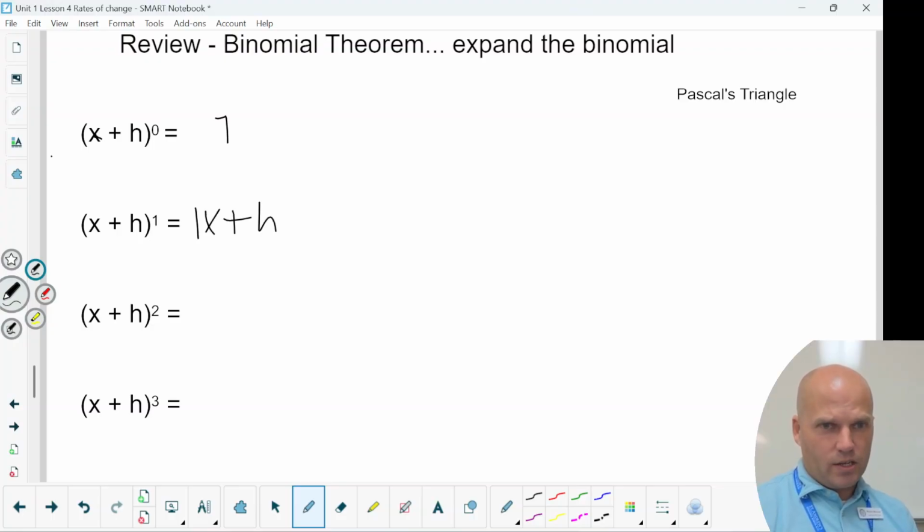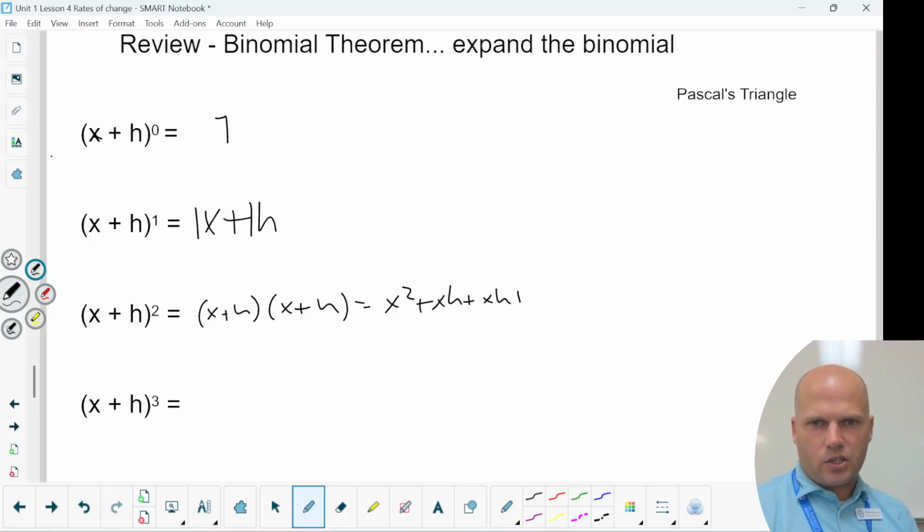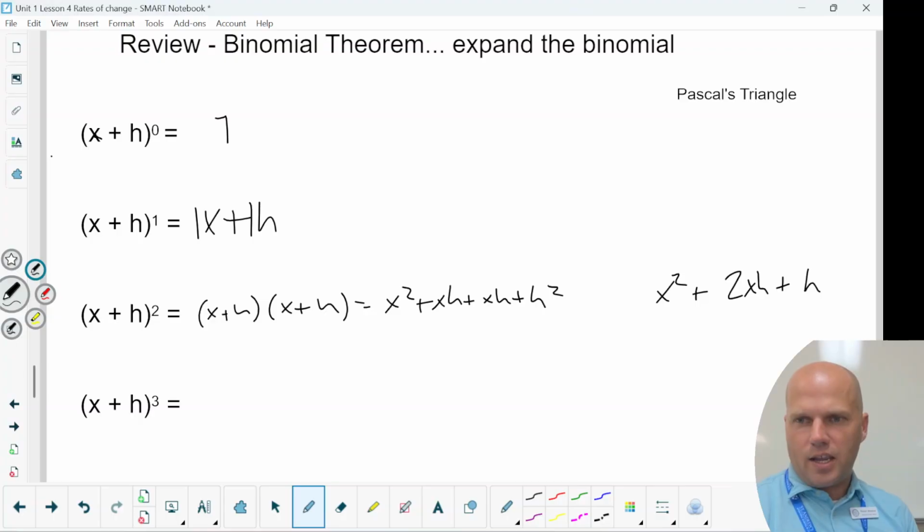So 1x plus 1h. Once we start squaring, we see things change. We have x plus h times x plus h. And we get x squared, xh, h squared, or x squared plus 2xh plus h squared, or 1x squared plus 2xh plus h squared.